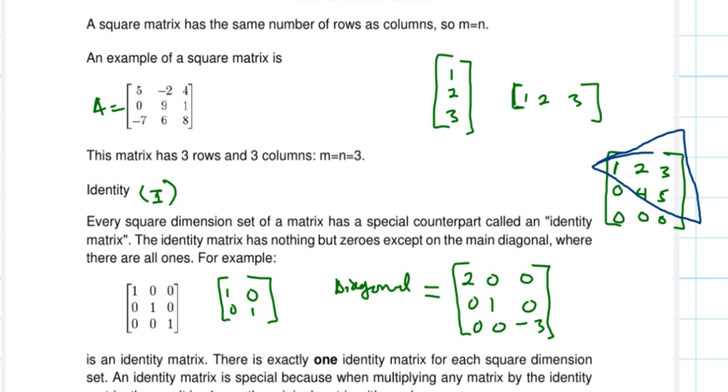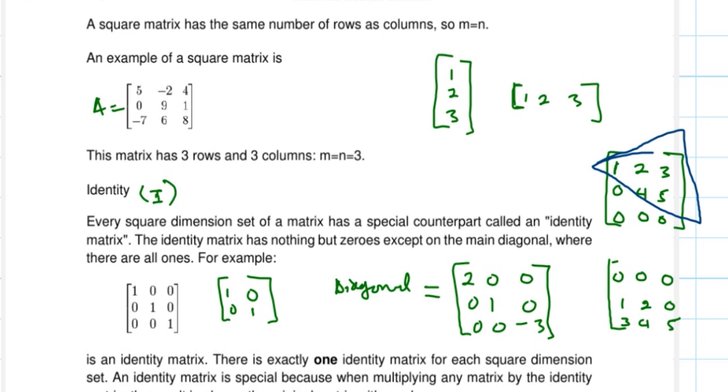In the same way, we can also have the lower triangular matrix. Say this is 0 0 0 in the top, then 1 2 0, 3 4 5.